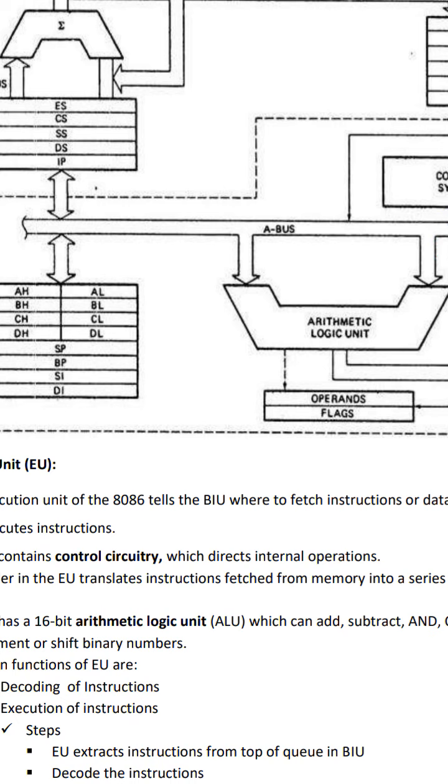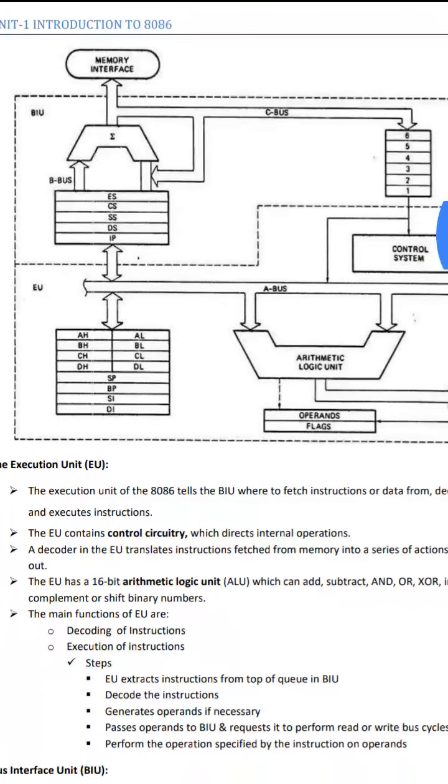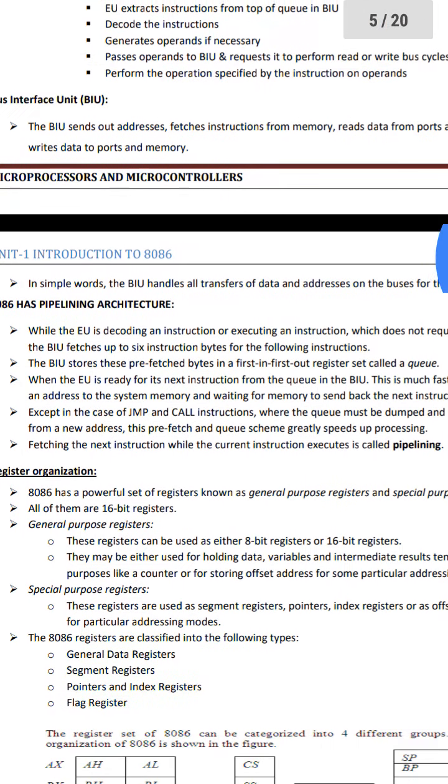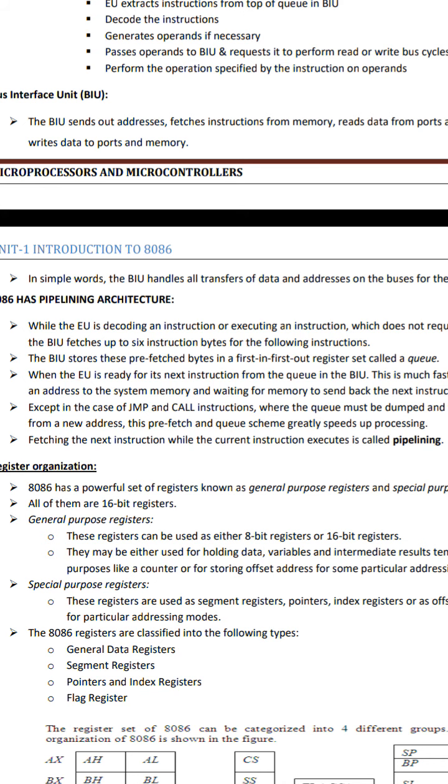That is, the execution of the instruction is performed while the next byte of the instruction is fetched from the memory. So the fetching of the instruction and the execution of the instruction are performed in parallel. In this way, a pipeline is formed in the 8086 microprocessor.